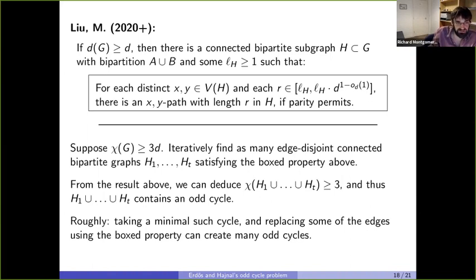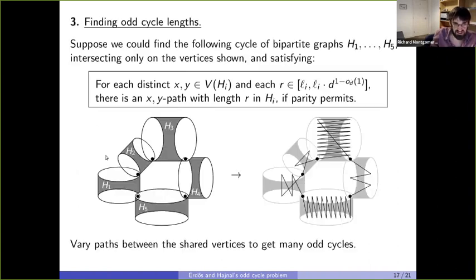From that result above, you can deduce that if we started off with a high chromatic number, then what you've removed, the union of those bipartite graphs, must also be high, and in particular, it must be at least 3 in this case. Otherwise, what remains has chromatic number at least D, so average degree at least D. So I could find another one of these bipartite graphs. So we know that the union of these graphs, like before, the union of these H of I contains some odd cycle.